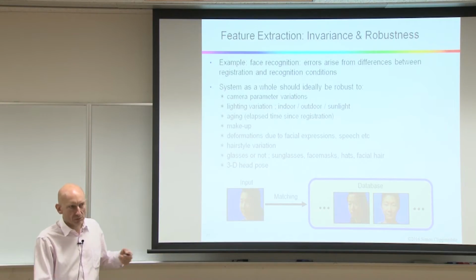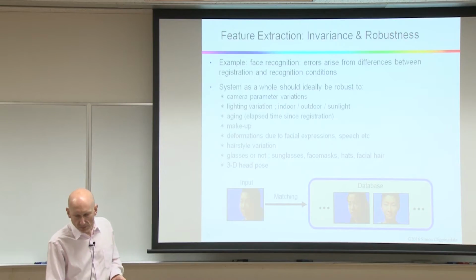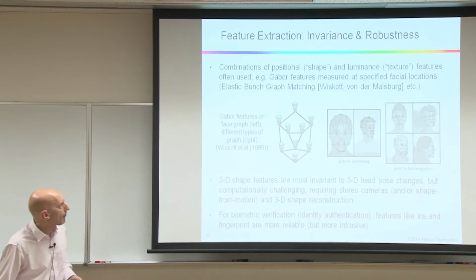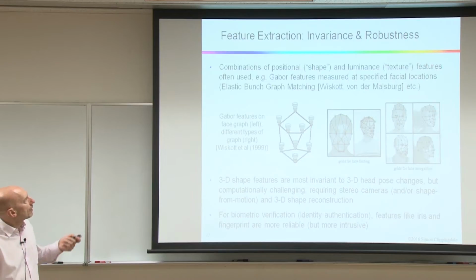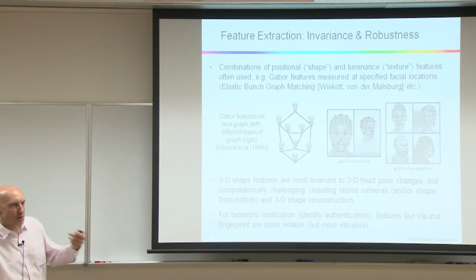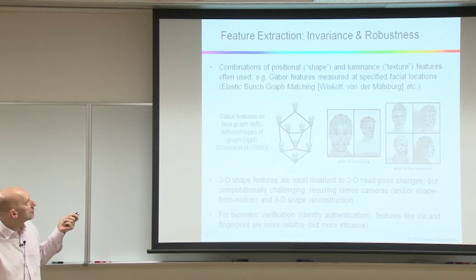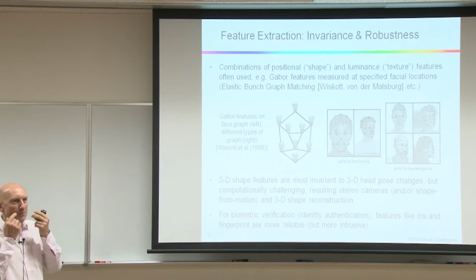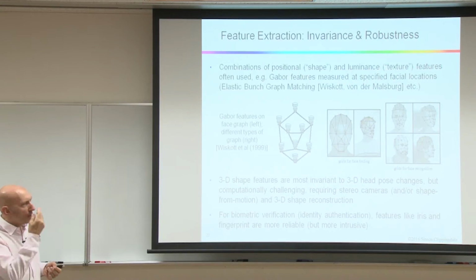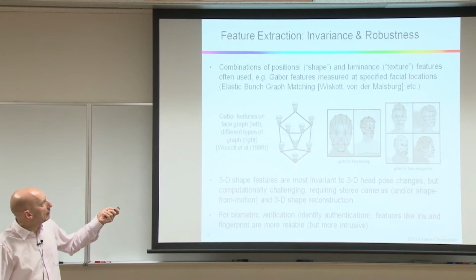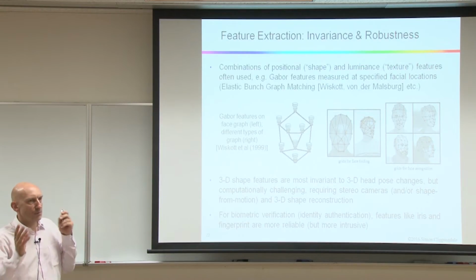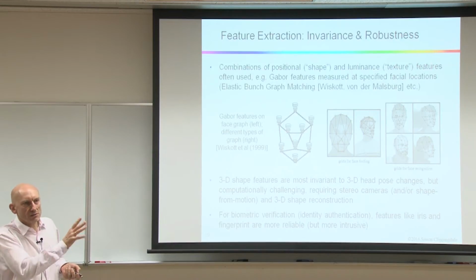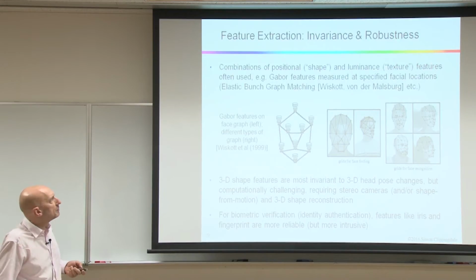It would be nice to use features that don't suffer from this problem. So what people have done to try and solve that problem is to use combinations of so-called shape and texture: those positional features like where the mouth corners are, how big the nose is, and so on, and luminance features, that's to say, looking at the brightness and shade and color in the image.